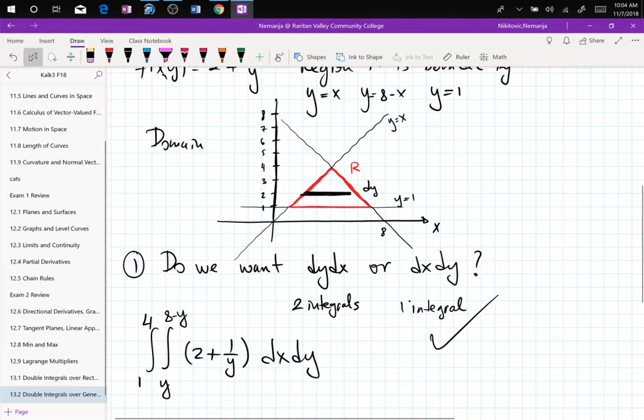Then we have the x stuff, right? And dx stuff, I need x1 to x2. So x1 on the lower limit, that's writing this, and x2 writing that. So upper limit is this one. So that's going to be your 8 minus y when you solve it for x.